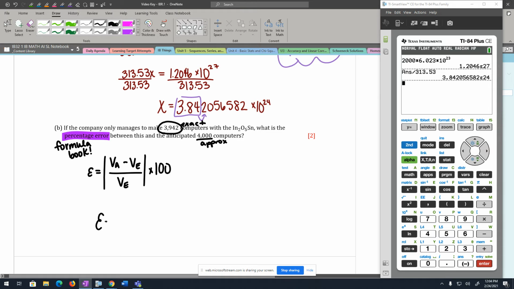So we've got our percent error is equal to 3,942 minus 4,000 divided by, oh, I did that backwards. We want the approximate, the 4,000 first, minus the exact.